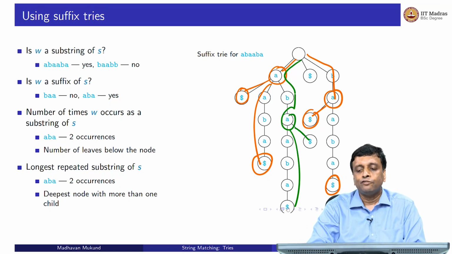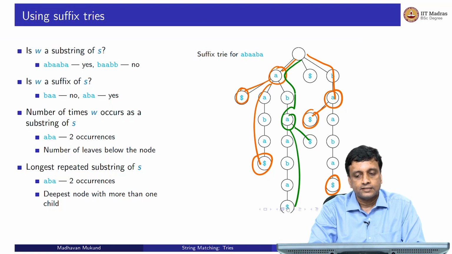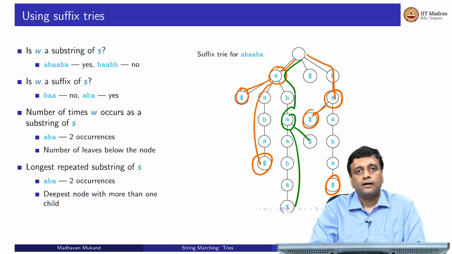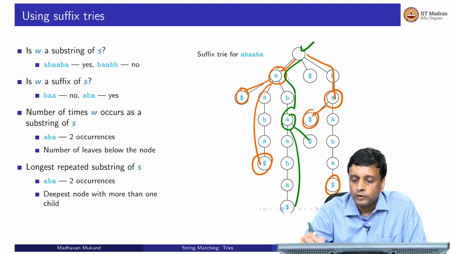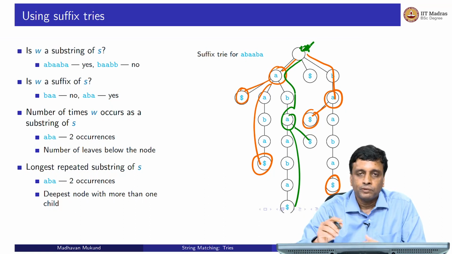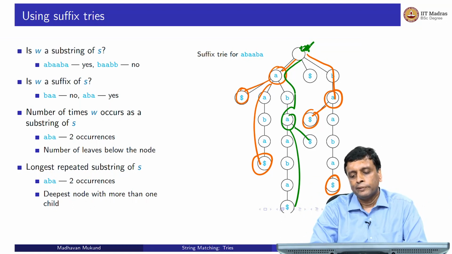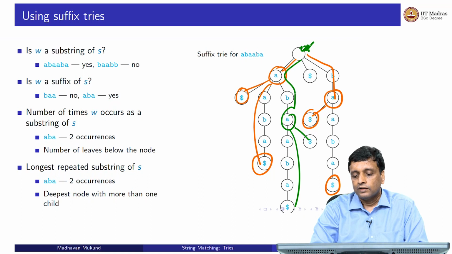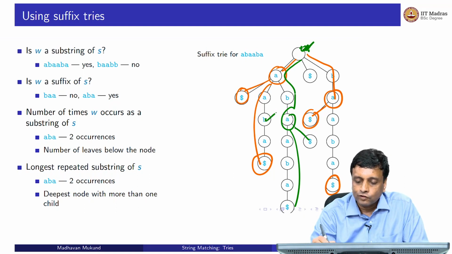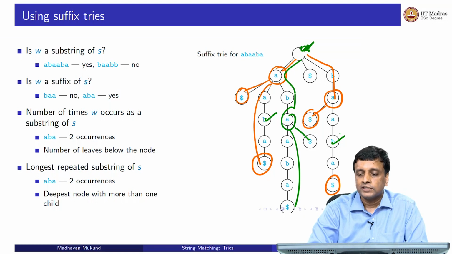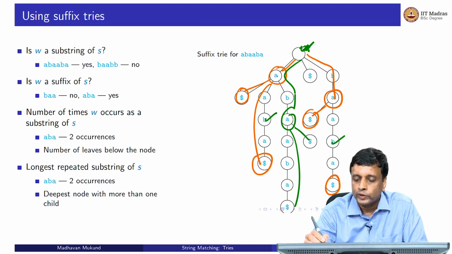Technically the empty word also has two below it, but we will not count the empty word because it matches every pattern. So non-empty words are what we are looking at. If you look at any other position, like if you stop here, you have only one leaf below it. You stop here, you have only one leaf below it. So the only positions are these branching positions. It's not a coincidence that the trie branches here, the trie branches here, and the trie branches here.